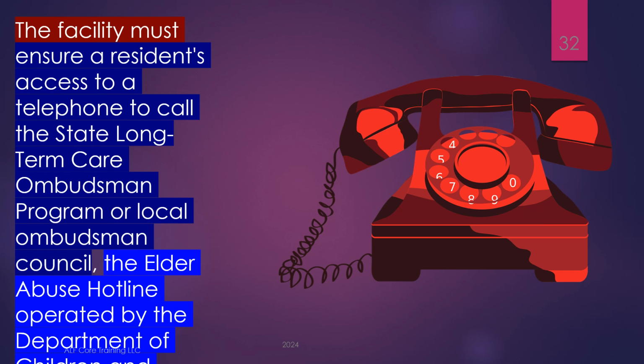The facility must ensure residents access to a telephone to call the State Long-Term Care Ombudsman Program or local Ombudsman Council, the Elder Abuse Hotline operated by the Department of Children and Families, and Disability Rights Florida.